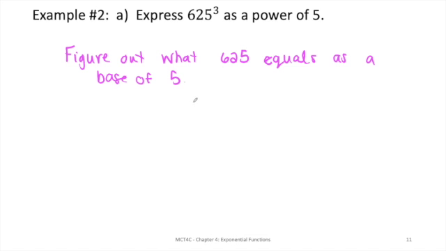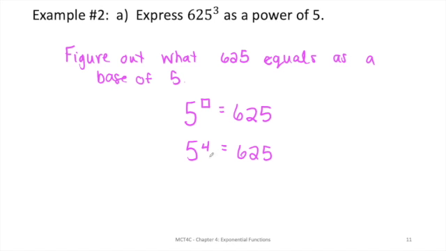The way I like to do this is 5 to the what is equal to 625. You can either plug that in your calculator, or 5 times 5 is 25, times 5 is 125, times 5 is 625. So you know that 5 to the 4 is equal to 625.